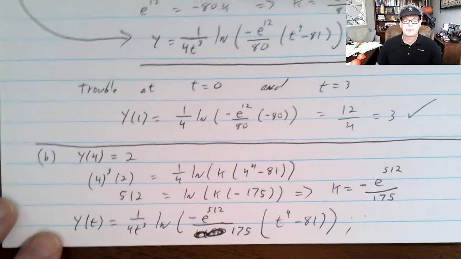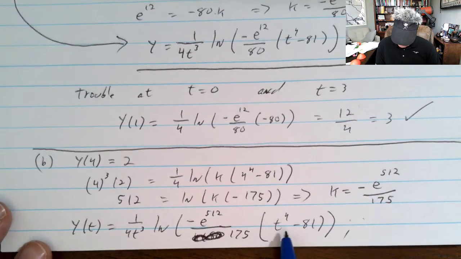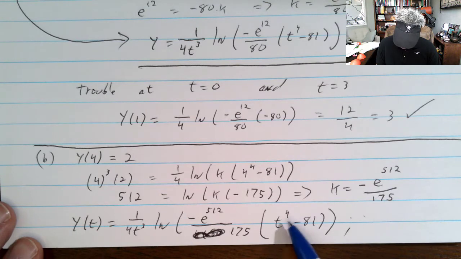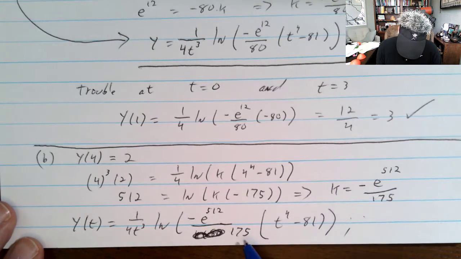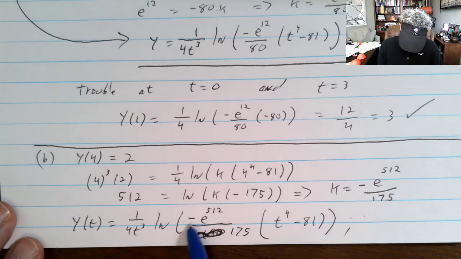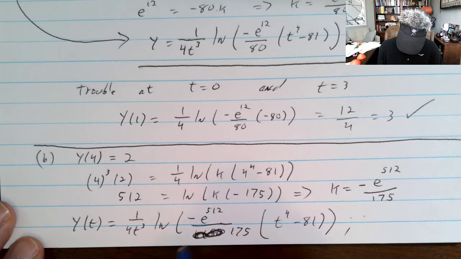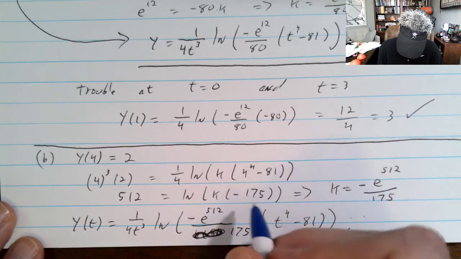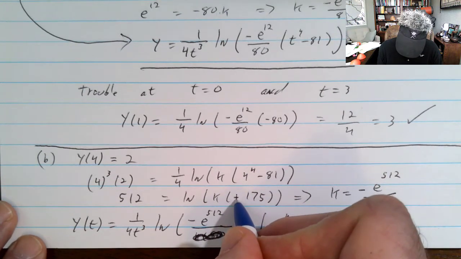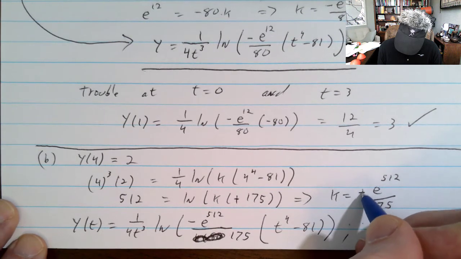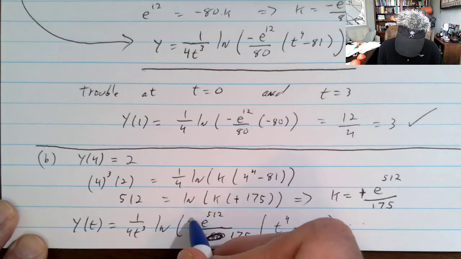I won't put it on paper, but if you plug in 4, you get 256 minus 81 is 175. 175 cancels, and that leaves me with, pretend this negative's not there because it shouldn't have been there. This was positive 175. So correct all this in post.